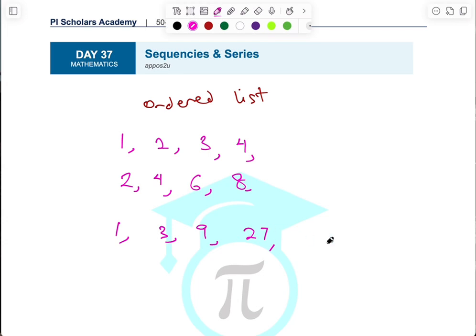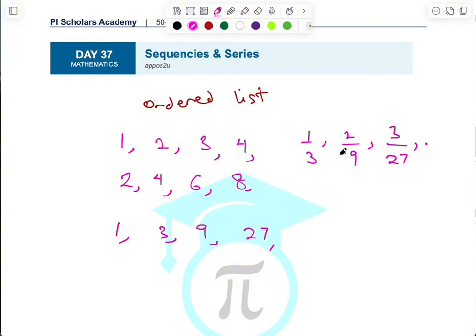Of course, there are some sequences that are much more complicated. For instance, let's say I have a sequence 1 over 3, then 2 over 9, then 3 over 27, and this sequence goes like this.